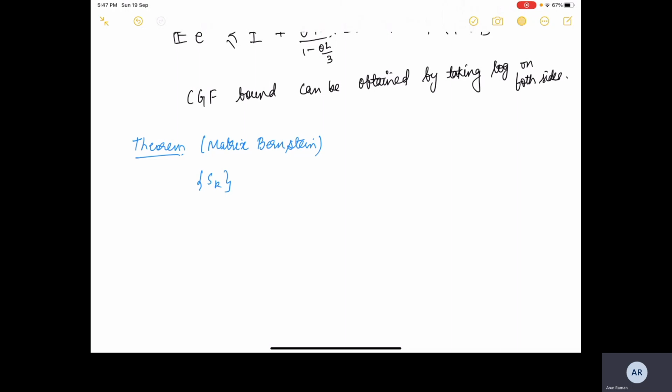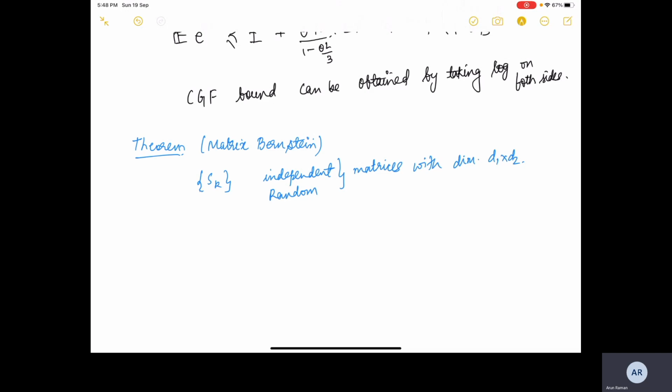So S_k is a finite sequence of independent random matrices with dimension d1 cross d2. We are not saying that they are Hermitian. Although in the proof, the flow is such that we will first prove it for Hermitian matrices.